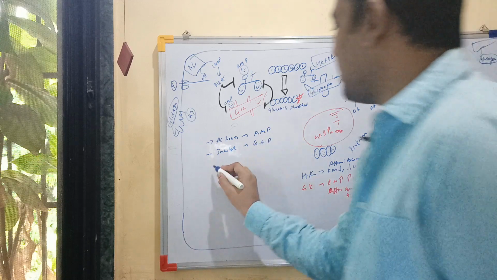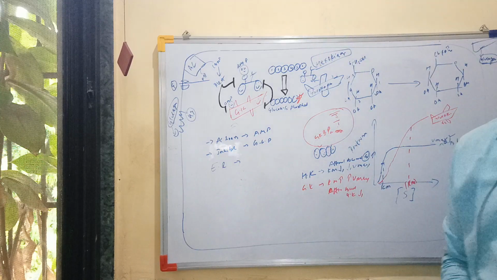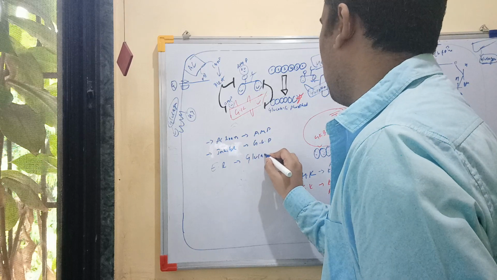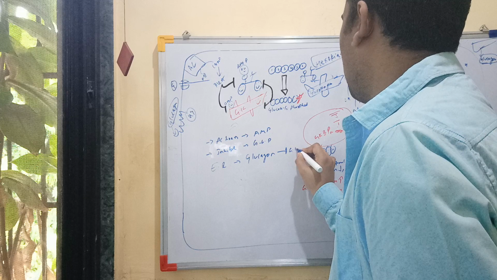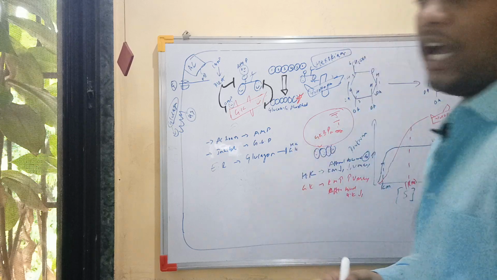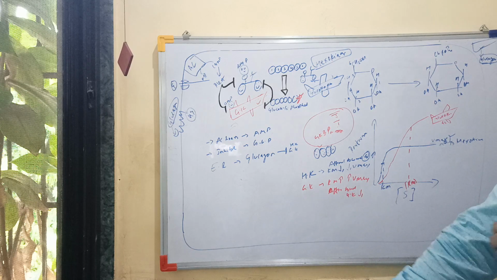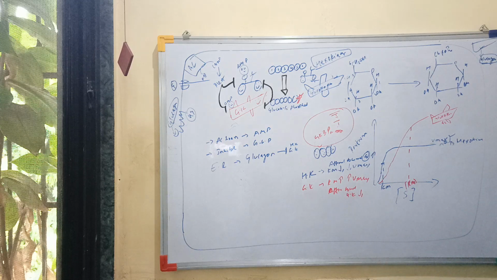And which is the extrinsic regulator? The extrinsic regulator is glucagon. Glucagon inhibits hexokinase and also the amount of glucokinase.